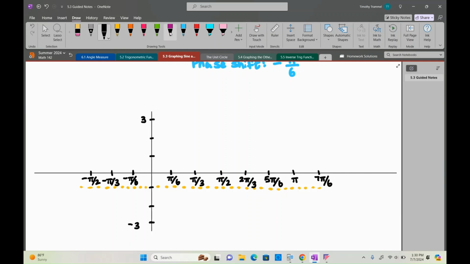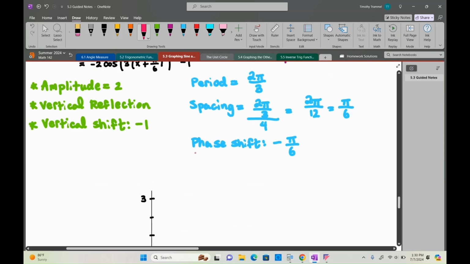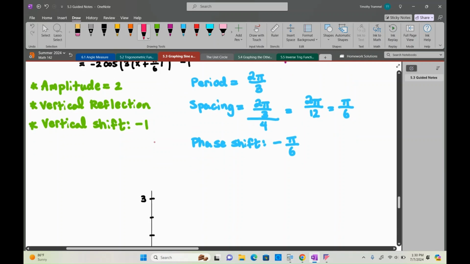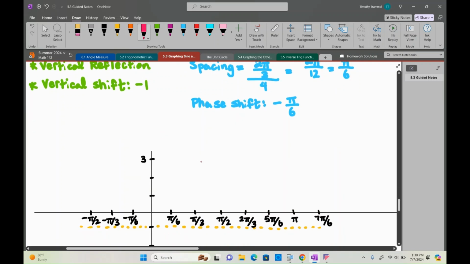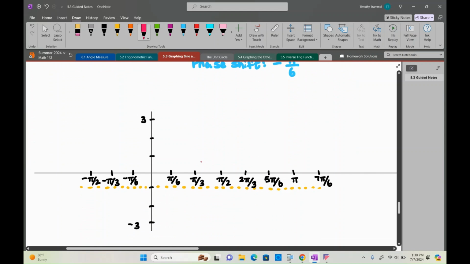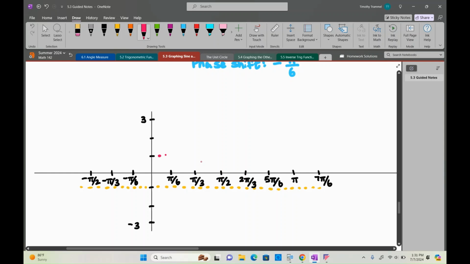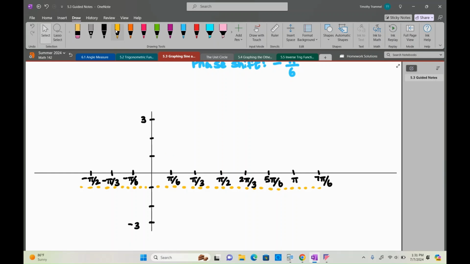There we go. All right, so now let's go back and see what function we're working with. I believe it's cosine. Yeah, cosine. And so you might remember cosine starts at the top of the wave. So the top of the wave for us should be 2 units above the middle. Okay. So 2 units above the middle of the wave is actually up here. You can actually put in, if you prefer, the top of the wave and the bottom of the wave.